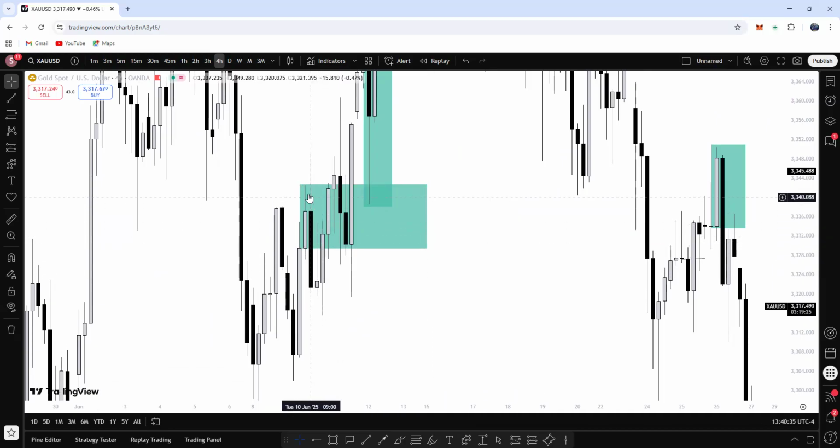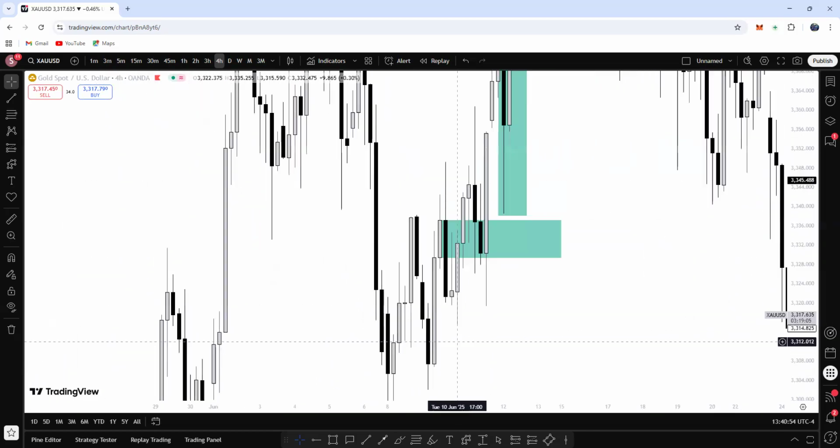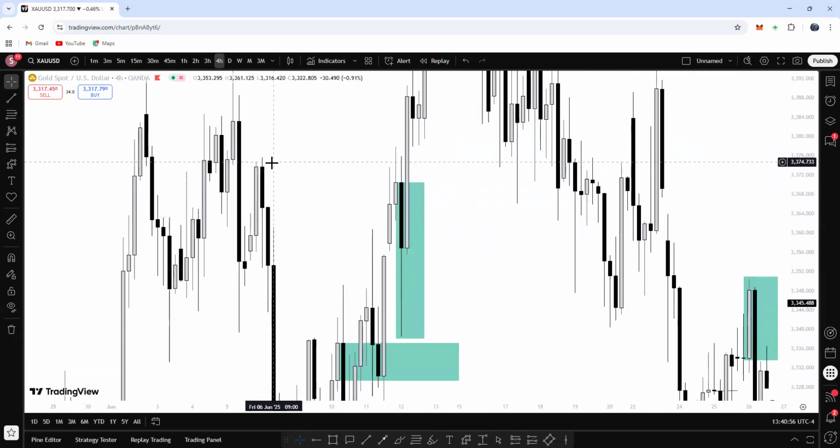This another failed engulfing. When you want to use a failed engulfing pattern, make sure you mark the candle body, because they love to mitigate that open and close. So let's check for another failed engulfing.